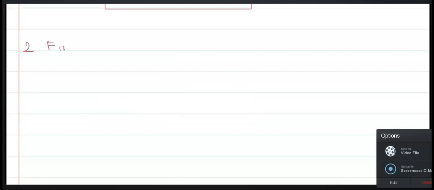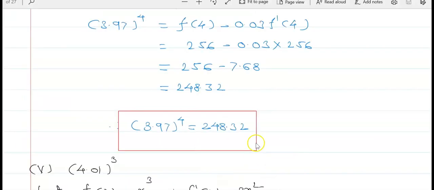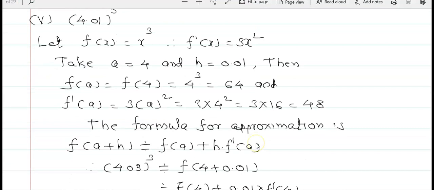Now you can see this. Now we'll see the same problem. Here is f of x, then its derivative. a is equal to 4, h is equal to 0.01, f of a is its value 64, f dash of a its value is 48.